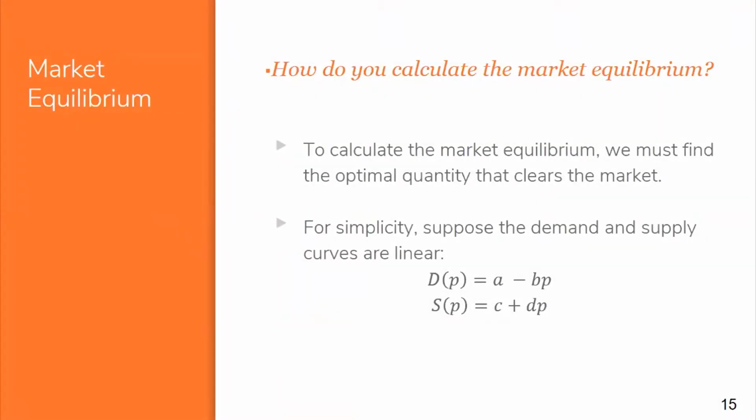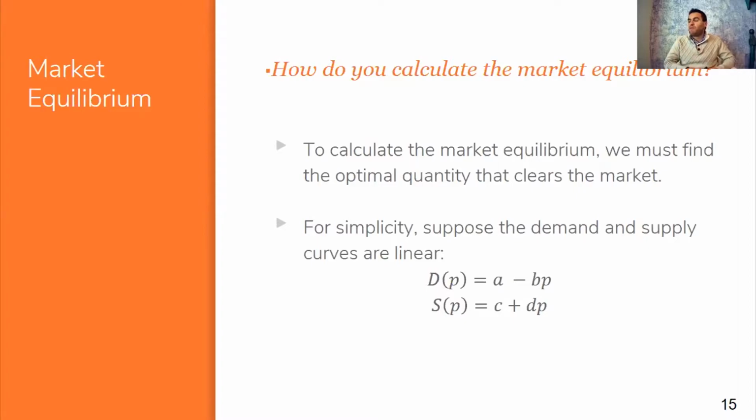To calculate the market equilibrium, we essentially need to do a couple of things. The first thing implies equating the demand and supply curves. For simplicity in this course, we will model demand and supply curves as lines and not as curves. Why? Because if we did not do this, the market equilibrium would be more or less simple to find.